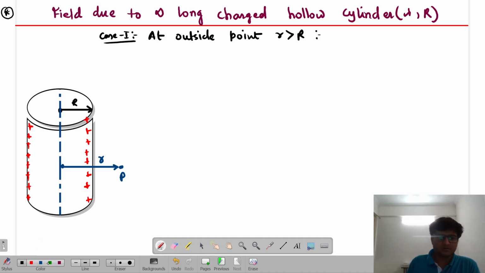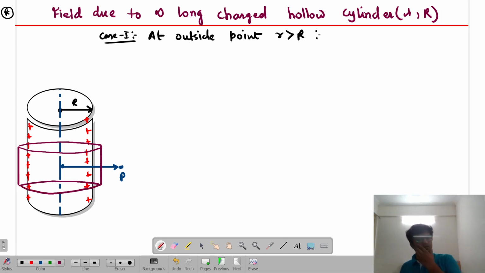In a simple logical way, the Gaussian surface you are going to get is also going to be a cylinder. But this cylinder will be of some finite length, because for infinite length I can't find it easily. So we need to enclose this whole body in a Gaussian surface of finite length. Are you able to get me?